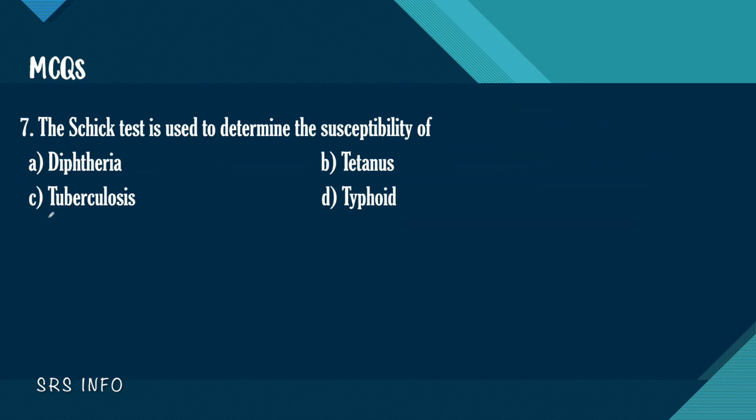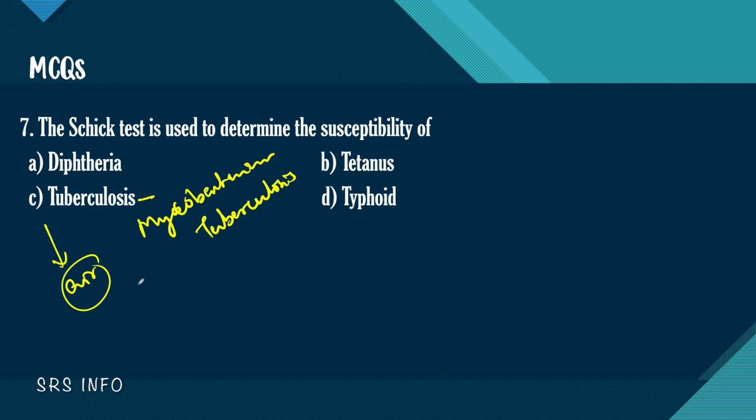And what about tuberculosis? Again, tuberculosis is a bacterial infection caused by Mycobacterium tuberculosis, and it spreads through air. Tuberculosis affects our lungs, and the vaccination for tuberculosis is BCG.